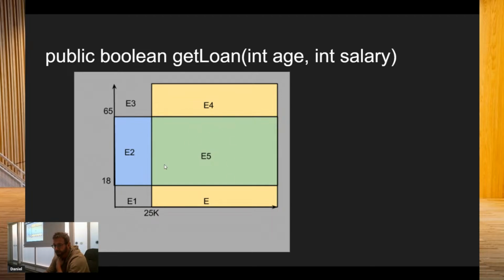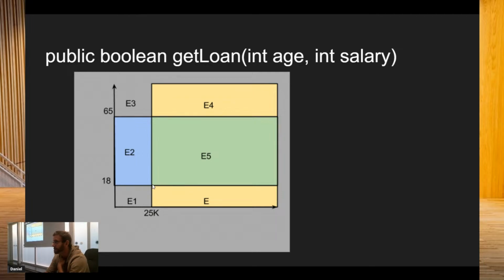I would have one where we are getting a loan, the main success scenario. I would put that on the border. So I'm 18 and I'm earning 25,000. So I'm exactly at the limit of both of these.